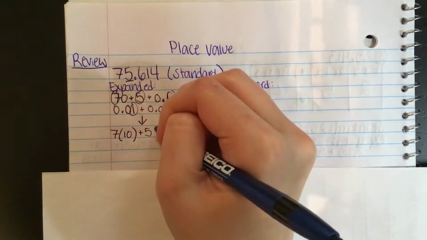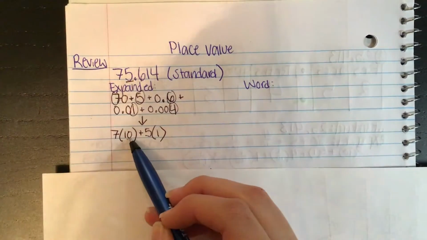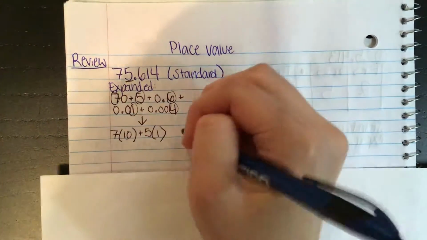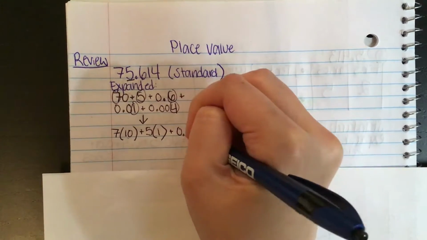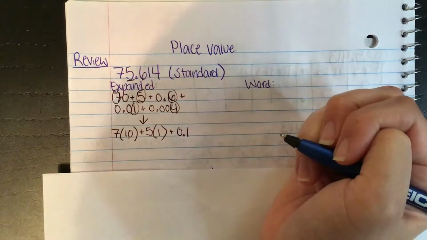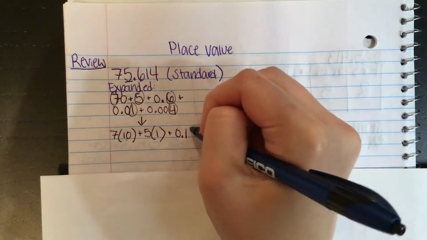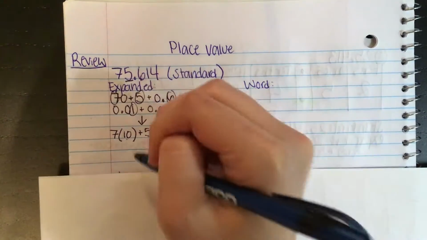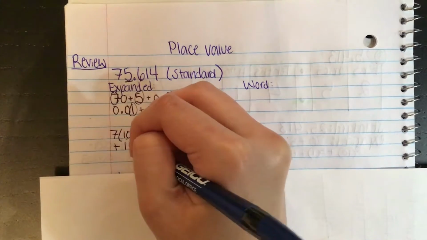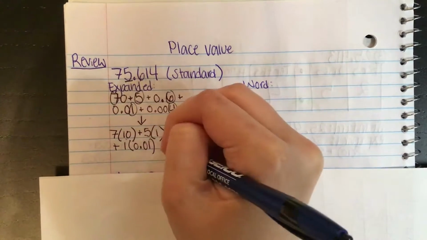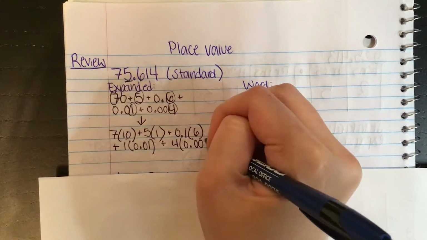Our 5 is 5 times 1. I'm showing you what's in the 10 spot, what's in the 1 spot. Now I'm showing you the decimal portion of our expanded form. The tenths, I'm pulling out this 6, so I'm multiplying that by 6. Plus 1 times 0.01 plus 4 times 0.001.